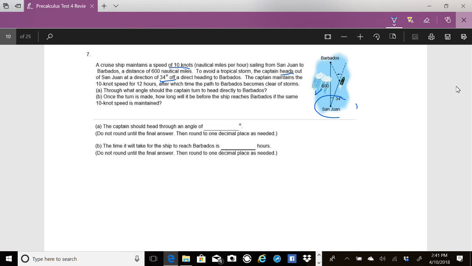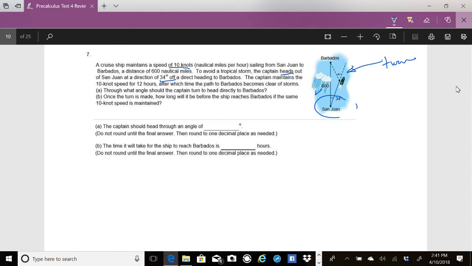And he maintains the 10-knot speed for 12 hours, after which the path becomes clear and he wants to make a turn here so that he will then be headed directly to Barbados.